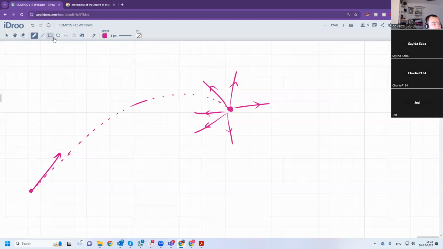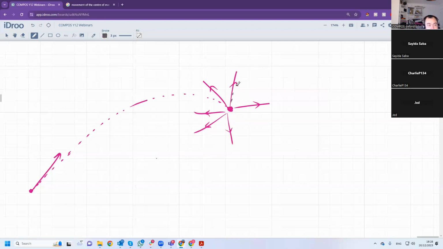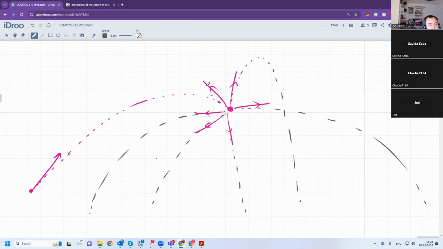Different pieces of debris fly in different directions. So let's take gray. This one would go like this. This one would go like this. This one would go like this. This one would fly like this, this one would fly like this, and this one would fly like this.